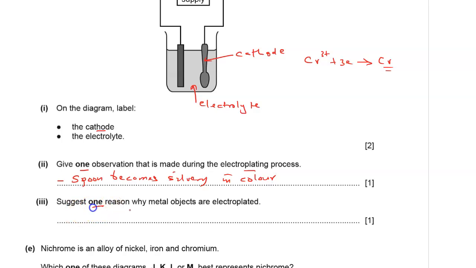Suggest one reason why metal objects are electroplated. Of course, to improve their appearance. That is one. And also to prevent corrosion.